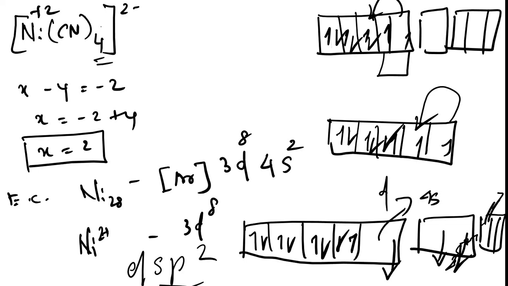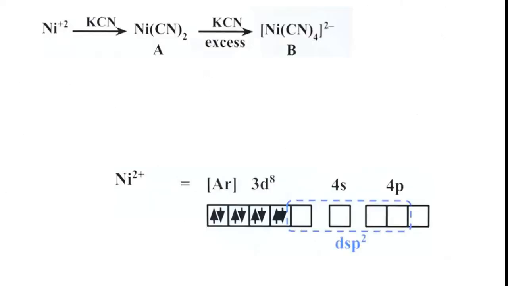So the hybridization of this compound is dsp2. So this is the compound formed, and nickel when it is in the 2 plus form, these shells are vacant. Right, the last shell d orbital, because it is paired up here, the d orbital and s orbital and two p orbitals. So dsp2 is the configuration.